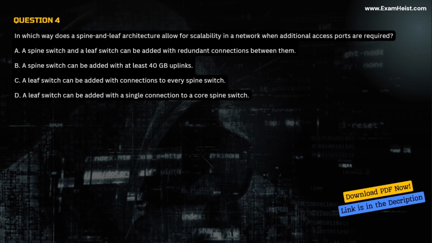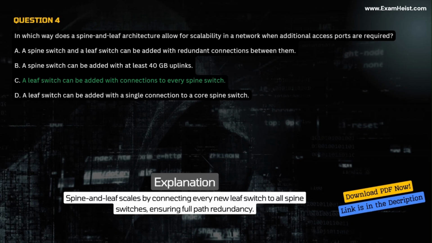D. A leaf switch can be added with a single connection to a core spine switch. Correct answer C. A leaf switch can be added with connections to every spine switch. Explanation: spine and leaf scales by connecting every new leaf switch to all spine switches, ensuring full path redundancy.